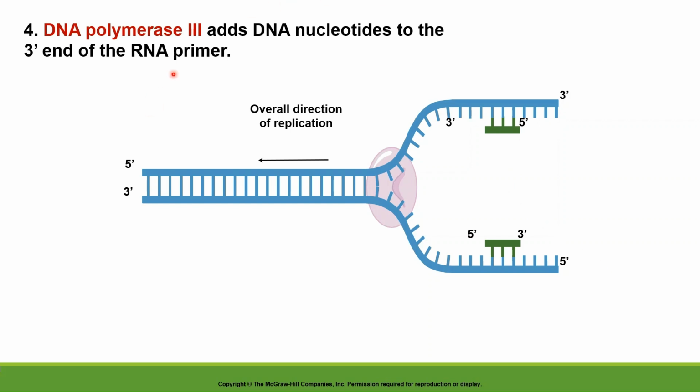But DNA polymerase III needs a primer to be present. That's how it knows where to land. And so that's why that primase enzyme is a step before we get to DNA polymerase III, because it gives that landing pad for DNA polymerase III.